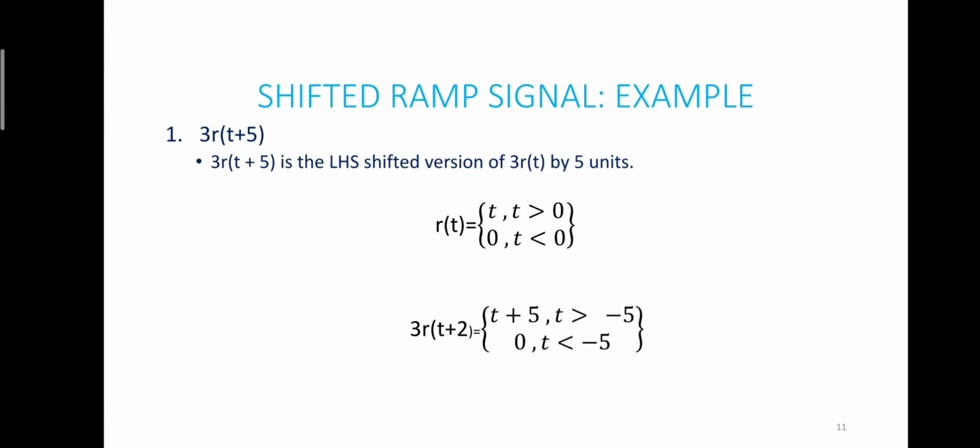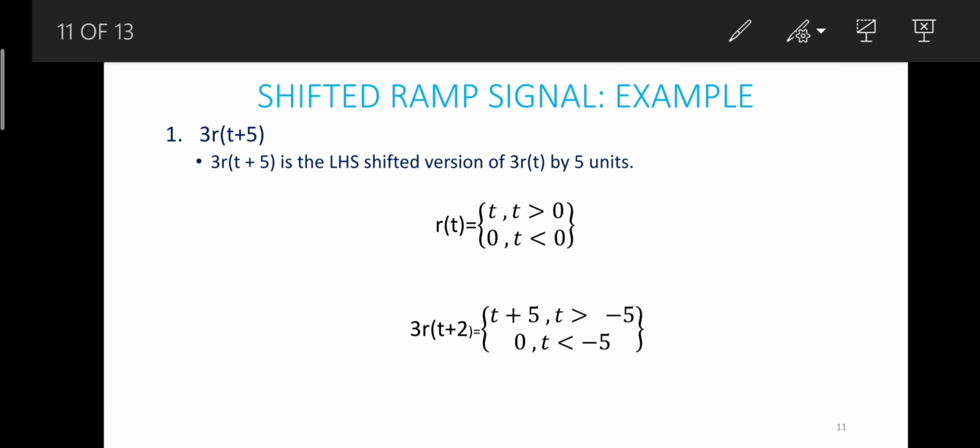Let's do one example, that is 3 into r of t plus 5. So 3 into r of t plus 5 is the left hand side shifted version of 3 into r of t by 5 units. Why is it left hand side shifted version? Because it is t plus 5.